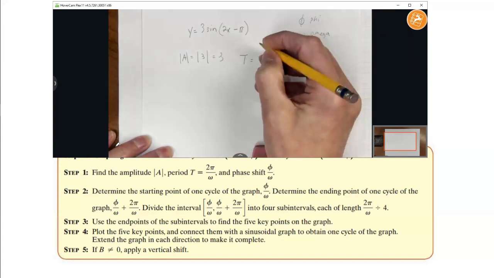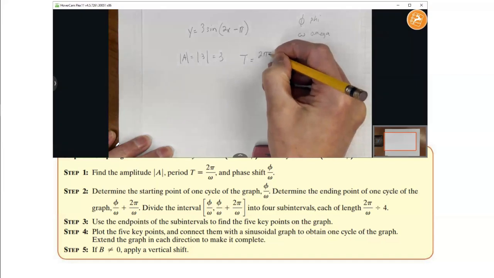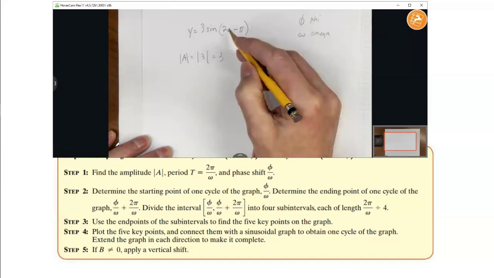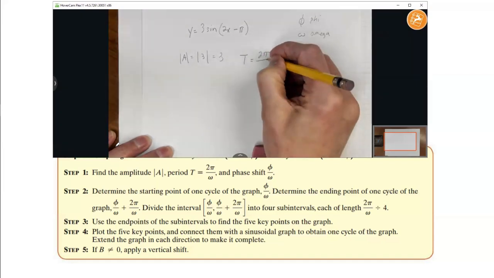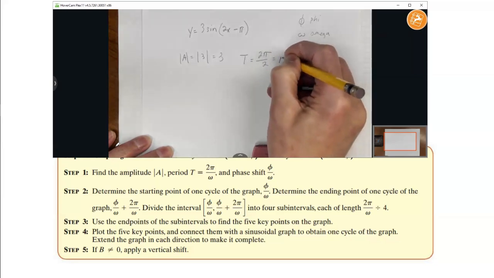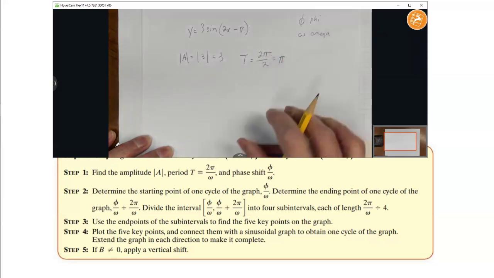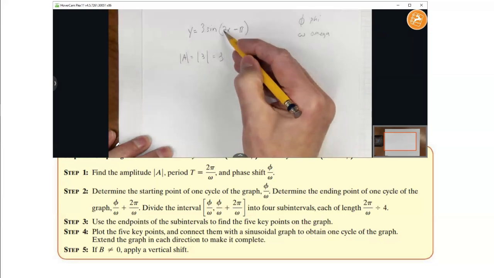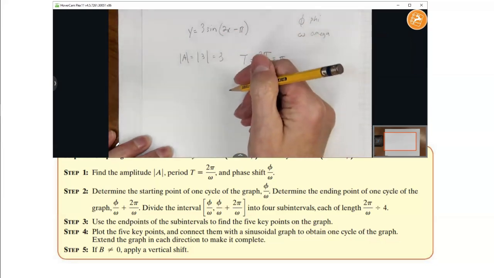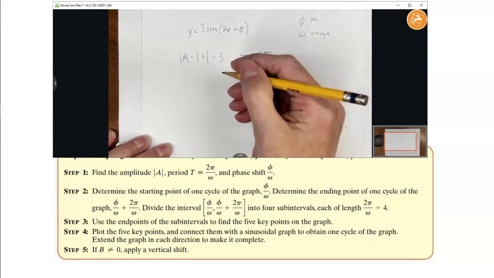T is equal to 2 pi divided by omega, and in this case, omega is 2. So our period is now pi because of this factor. And then we're also going to calculate the phase shift.